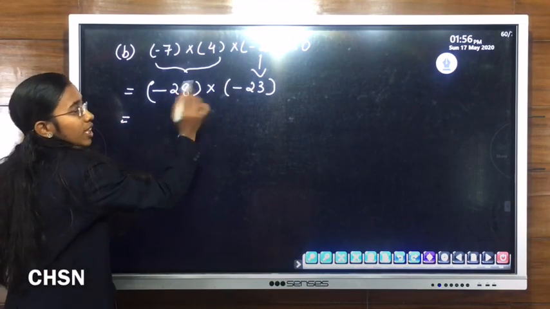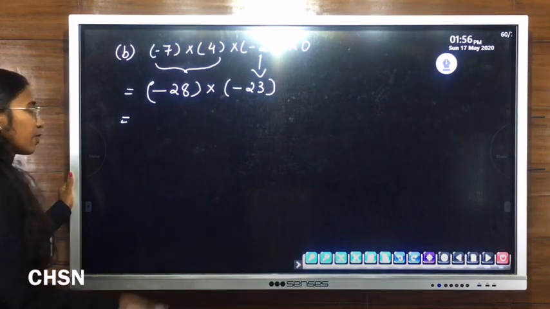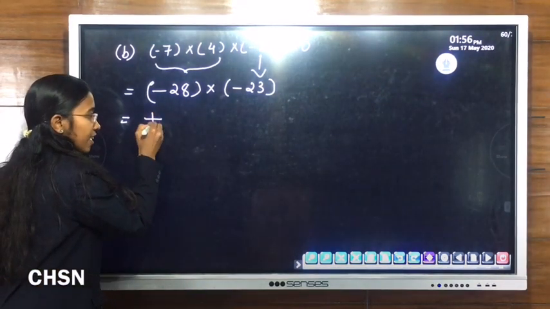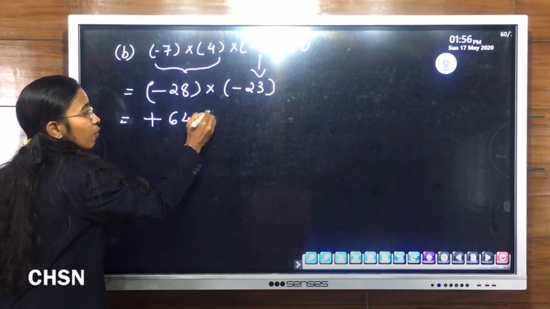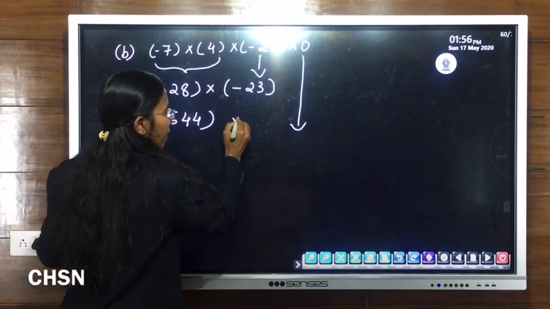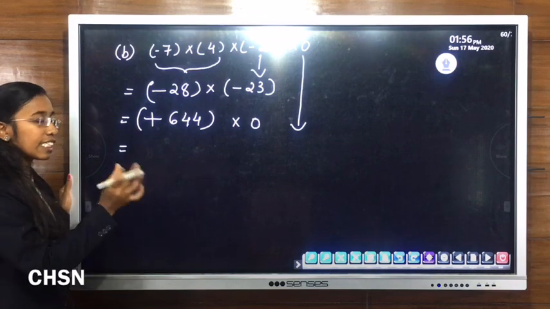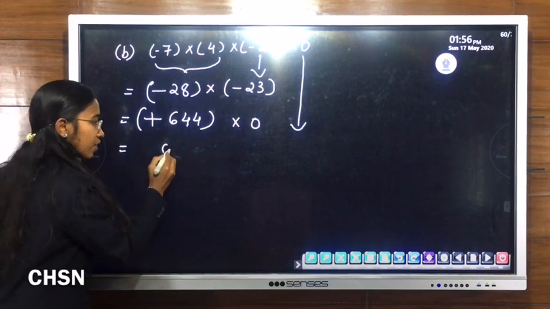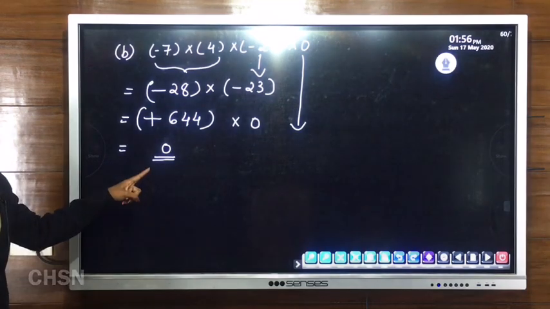Now here both are negative, which means both are like integers. When we are multiplying like integers, our sign is plus. 28 into 23 is 644. And the next fourth one is 0. So here we are writing into 0. We know that when we are multiplying any integer with 0, our answer is always 0. So the answer of B part is 0.